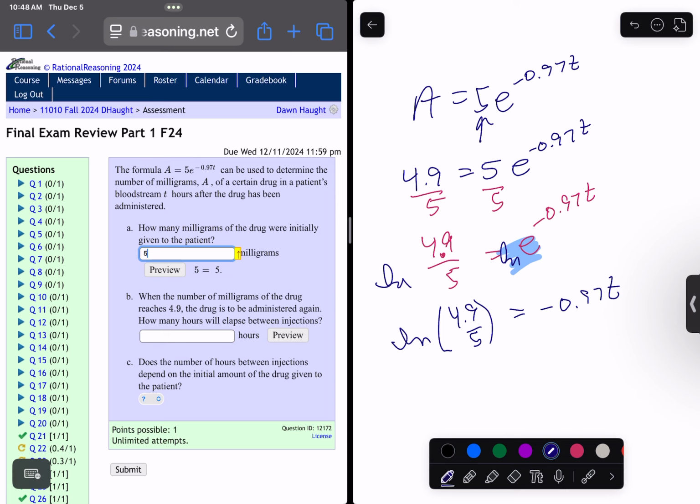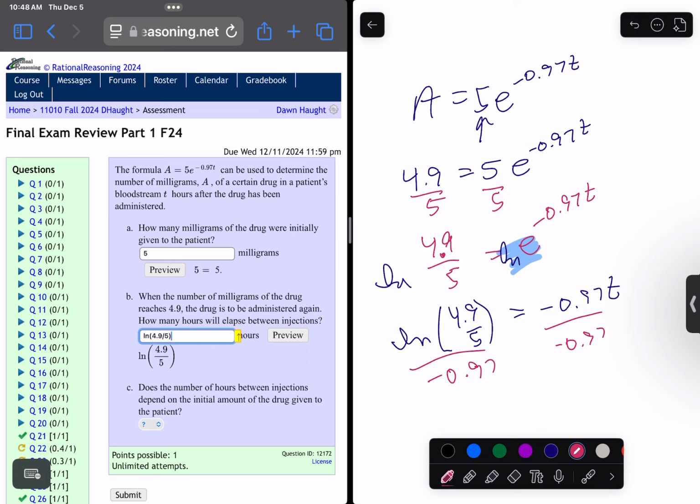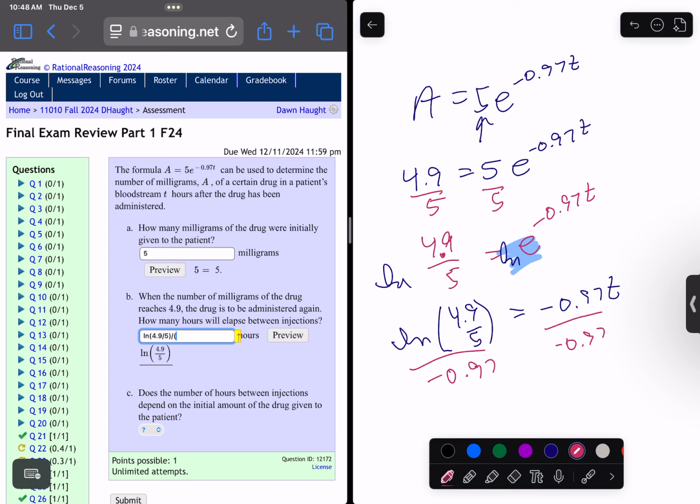So now we just divide both sides by this, and that's our time. That's how many hours. I'm going to let iMath do it. So the natural log of our fraction, 4.9 divided by 5, divided by, I'm going to put that negative in parentheses just to make it look better, 0.97. And then there's the hours.